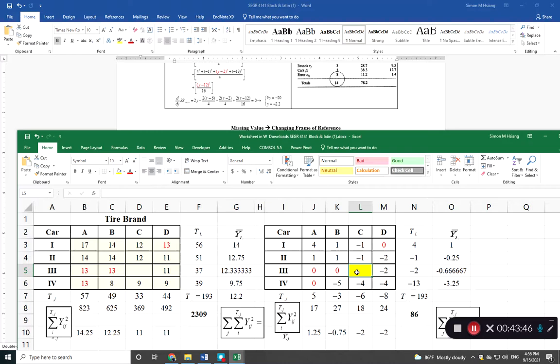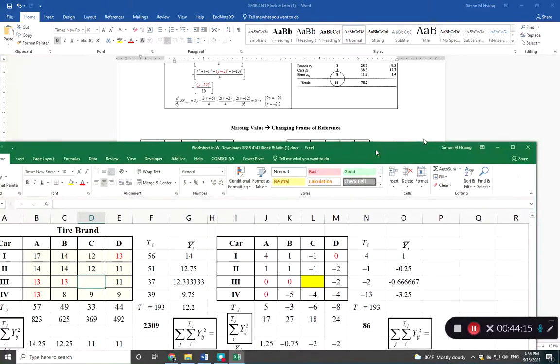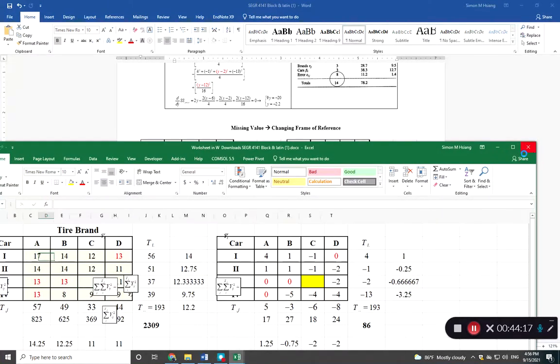But remember, here the computation A1 is 4, original is 17. Here I got 2.2, so originally what will be the estimation? 13 plus, minus 2.2.